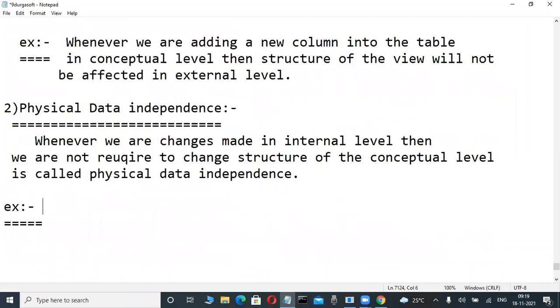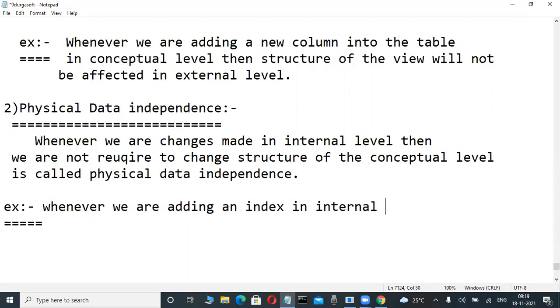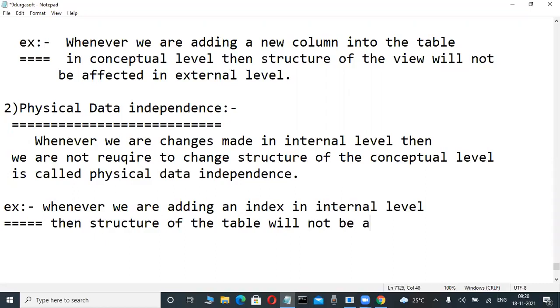Write an example; Oracle side, SQL Server side, same thing. Whenever we are adding an index to the database in the internal level, then the structure of the table will not be affected at the conceptual level.